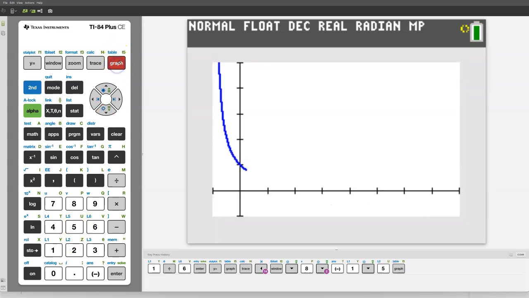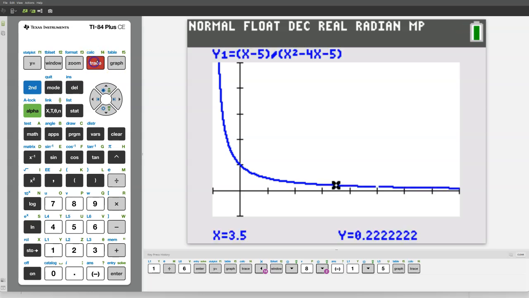So let's see if that gives us a better viewing window. I think that does. And so I'm going to trace again. And when I get close to 5, notice that when I am at 5 exactly, my y value is showing nothing because it's undefined there and there's a hole. And then it resumes when I go a little bit past 5.